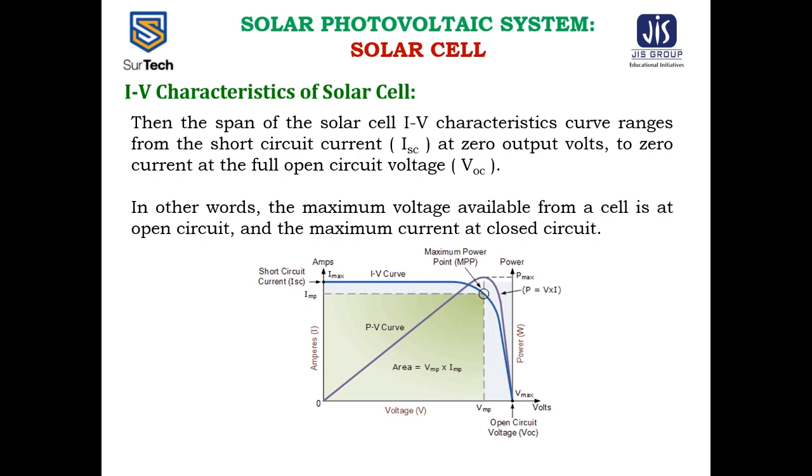The blue line indicates the current curve or the IV curve, and the violet line represents the power curve, that is defined by the VMP multiplied by the IMP, the maximum voltage peak to the maximum current peak.